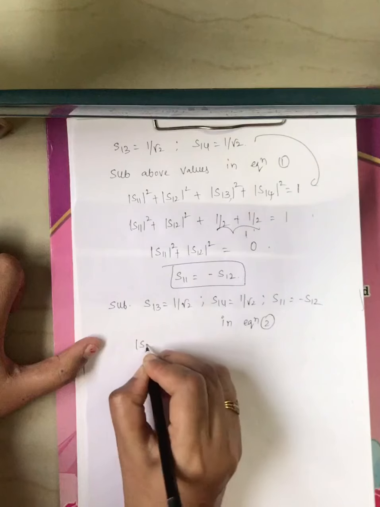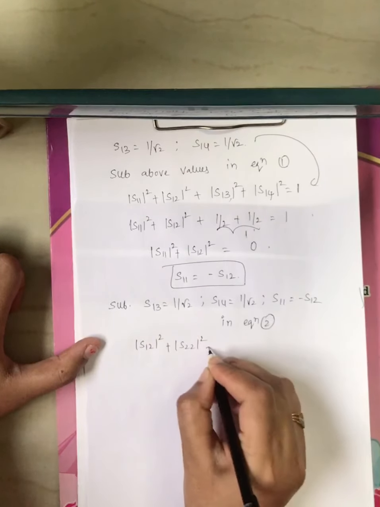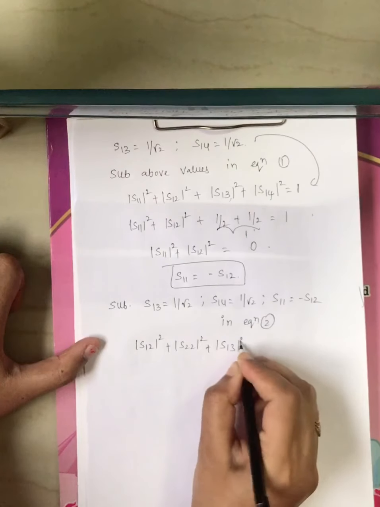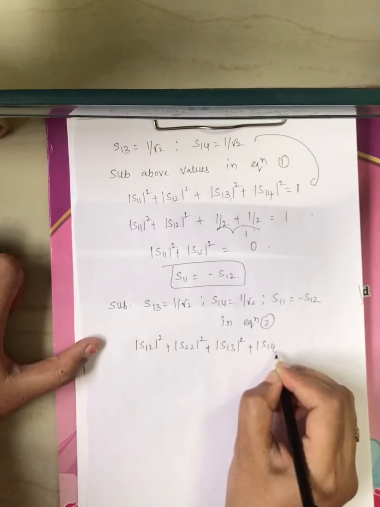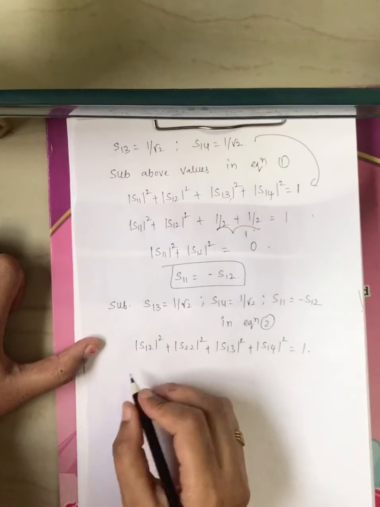Now we have to substitute all these values together in equation 2. Let me write equation 2, that is mod S12 square plus mod S22 square plus mod S13 square plus mod S14 square equals 1. This is your equation number 2. Now substitute values.